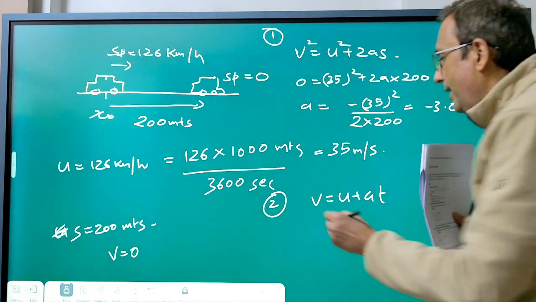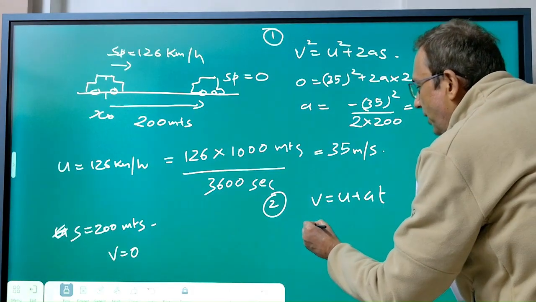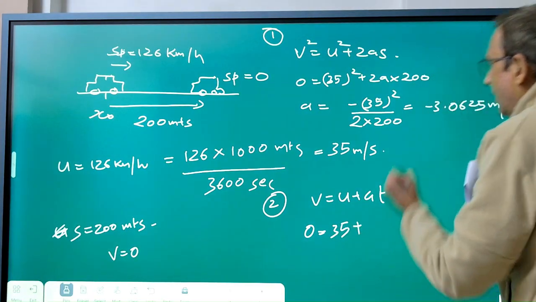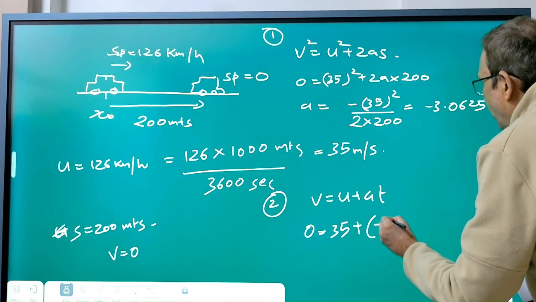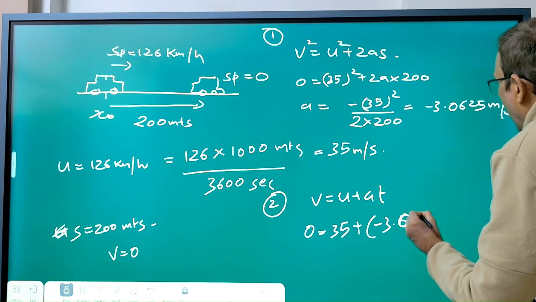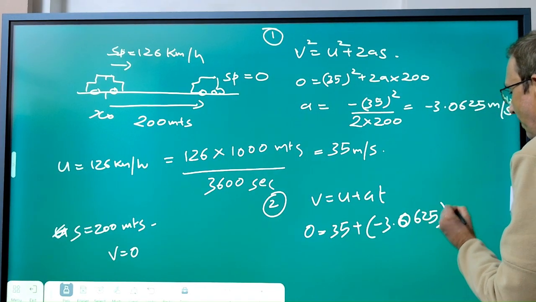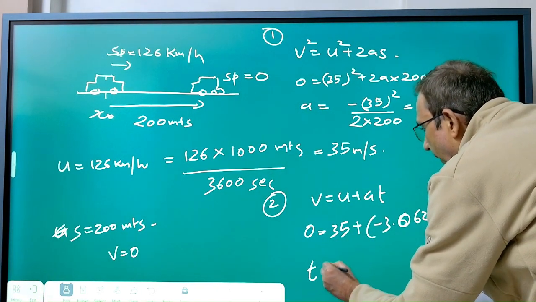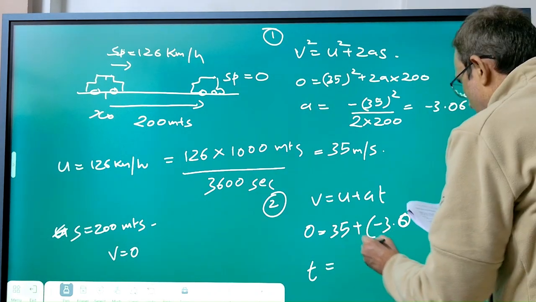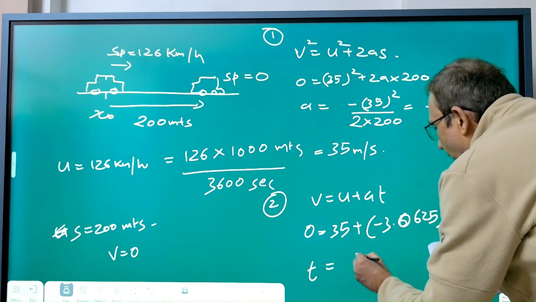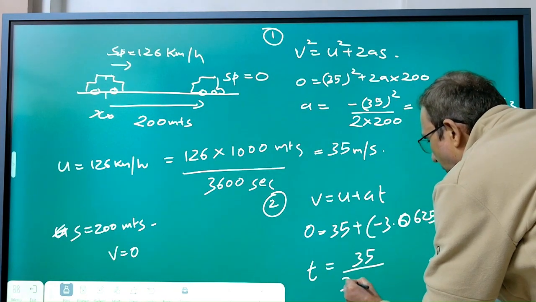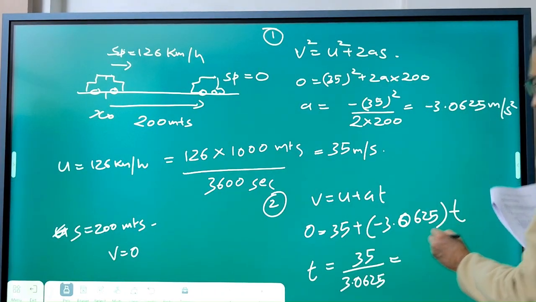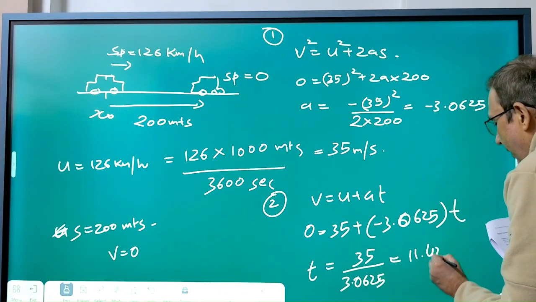In that case v is 0 and u is 35 plus a, which is minus 3.0625, times t. Then t would be again 35 by 3.0625, and this would again give you 11.43 seconds.